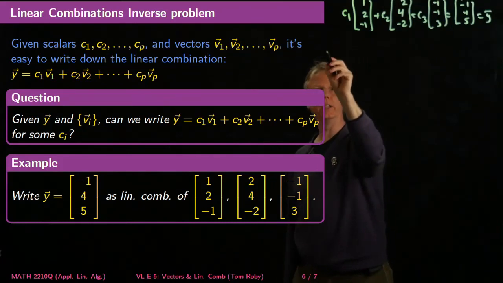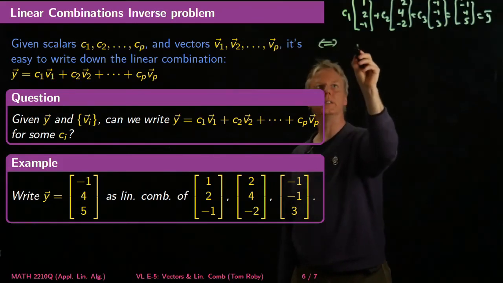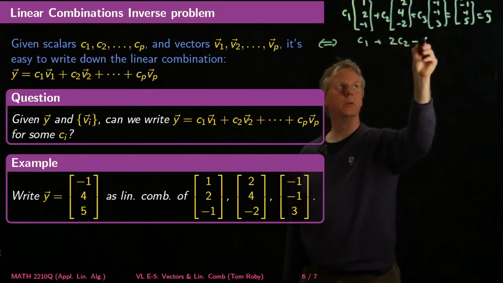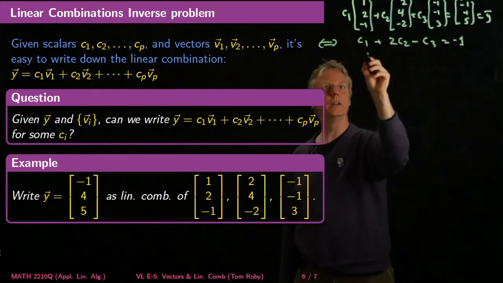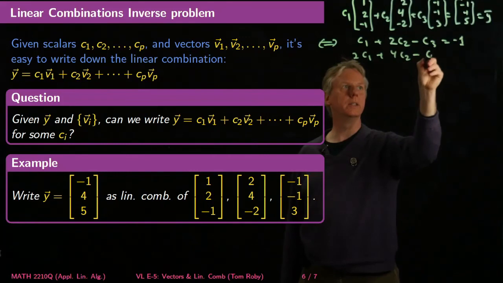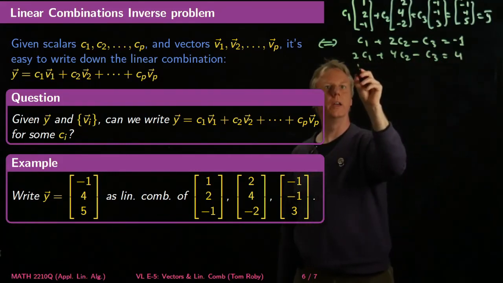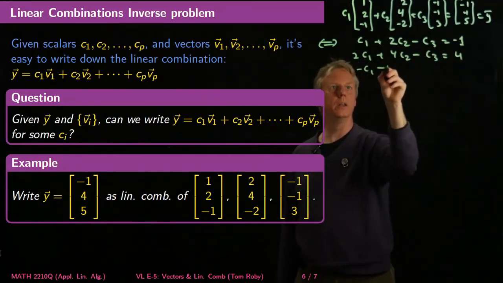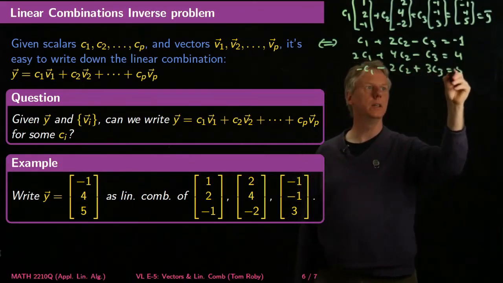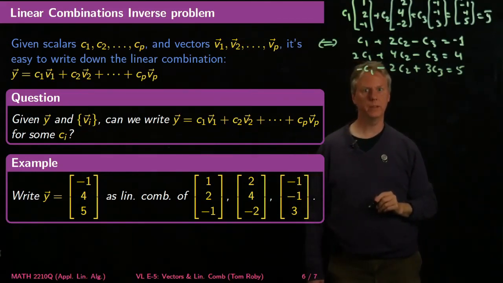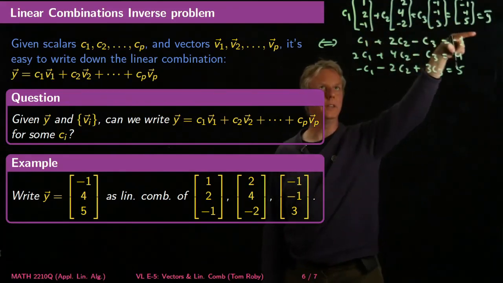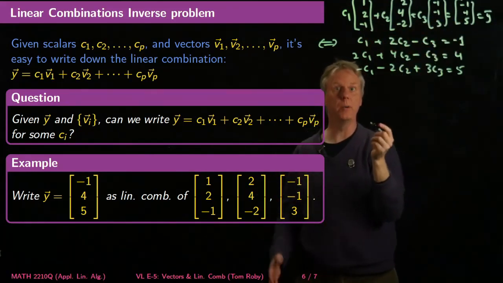This is equivalent to saying c1 plus 2c2 minus c3 equals negative 1, 2c1 plus 4c2 minus c3 equals 4, and negative c1 minus 2c2 plus 3c3 is equal to 5. So it's a system of equations, because all these additions and scalar multiplications just take place component-wise.